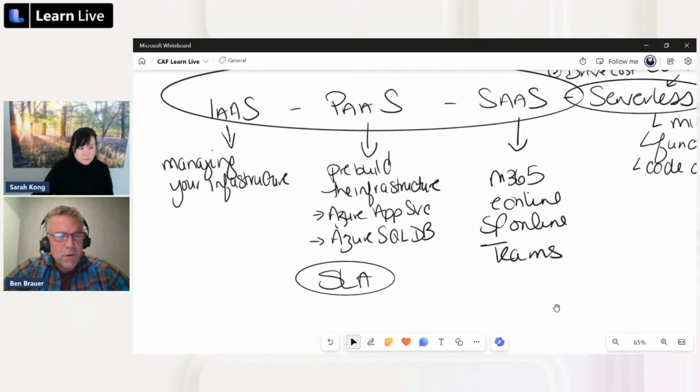Now, if you were to go up to PaaS, it'll have more included in that service level agreement, where there will be more information about how the PaaS-based service is being supported by Microsoft as part of the overall platform. And so that's another aspect that you need to also know.